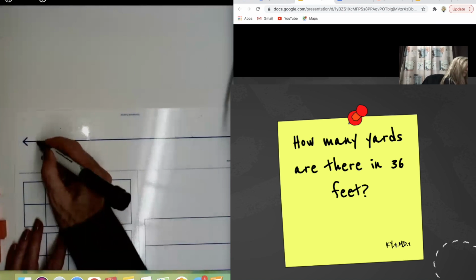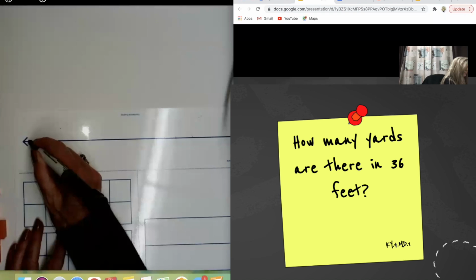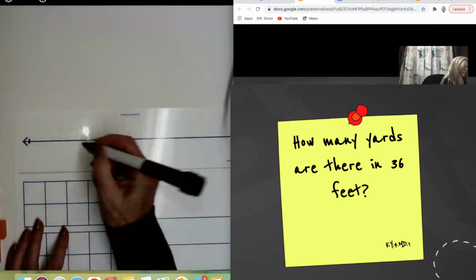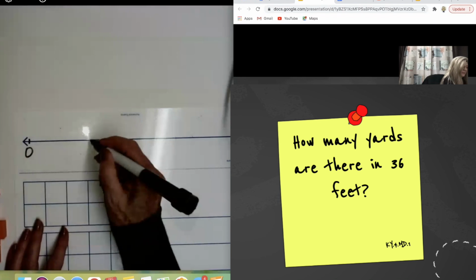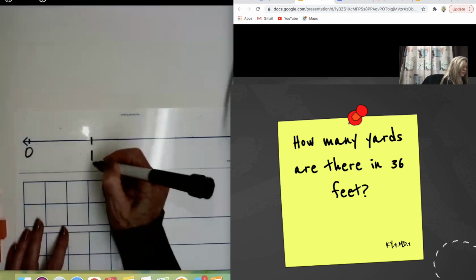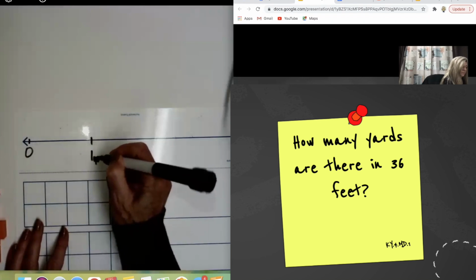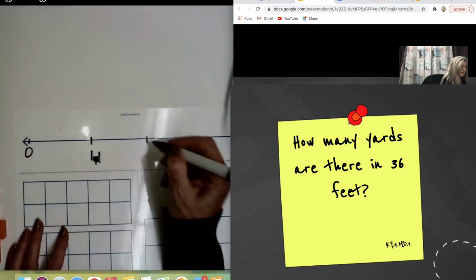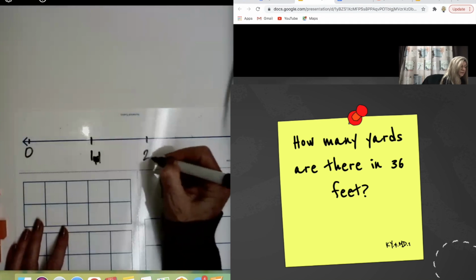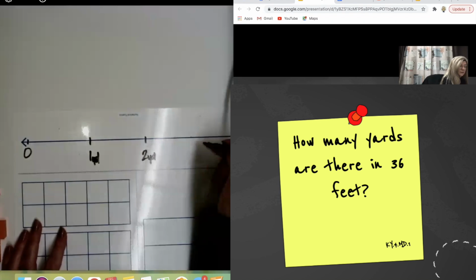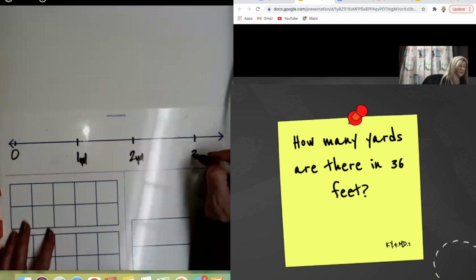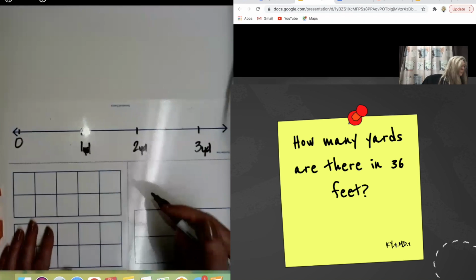Let's say this is 0, and this would be 1 yard, and this would be 2 yards, and this would be 3 yards. That's what's nice about an open number line. You can make it whatever you want it to be.